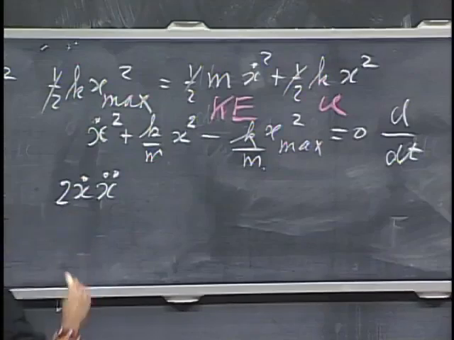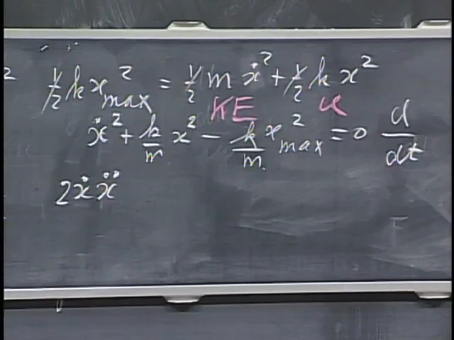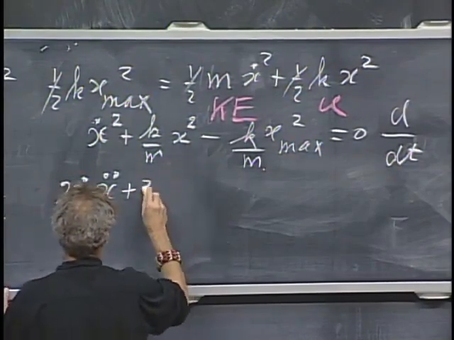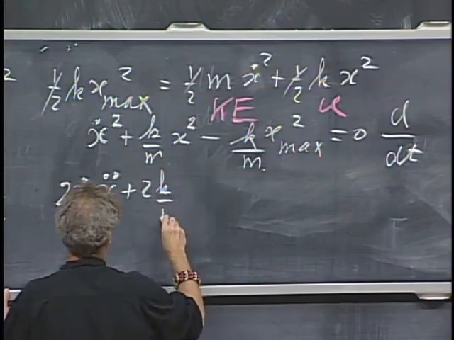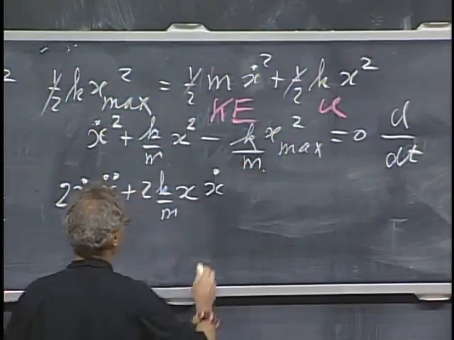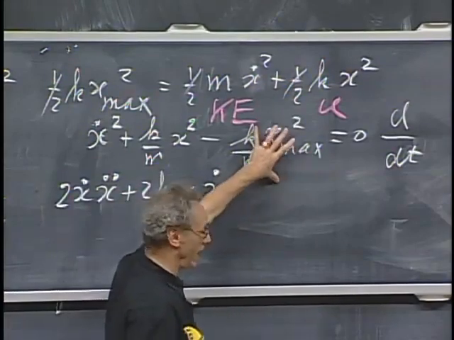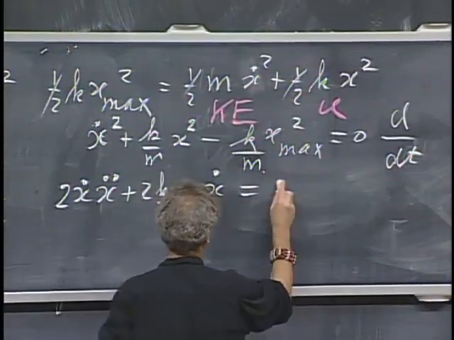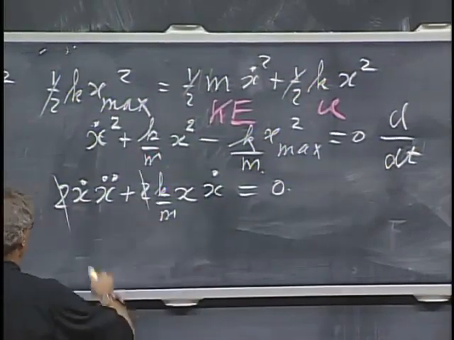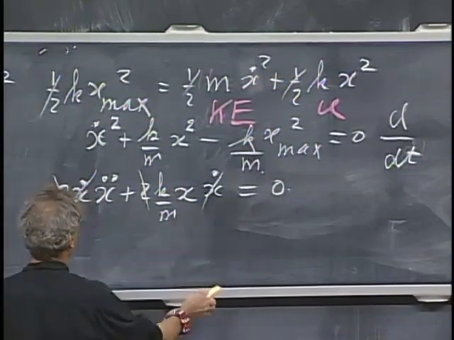So I also get x double dot, the second derivative, the acceleration, plus I get a 2k over m times x, but the chain rule gives me an x dot. This is a constant. That's the total energy when I started, so the whole thing equals 0. I lose my 2. I lose my x dot because it's 0.